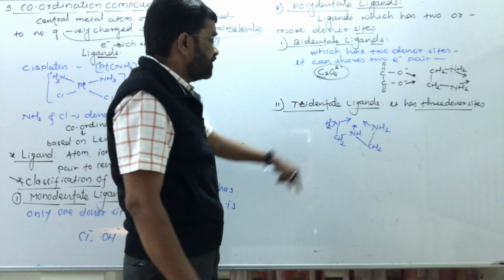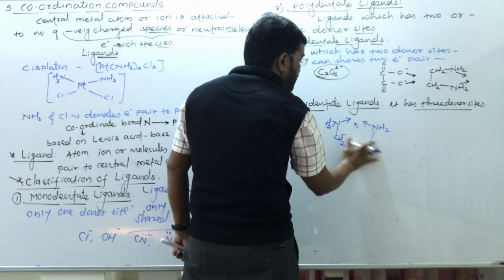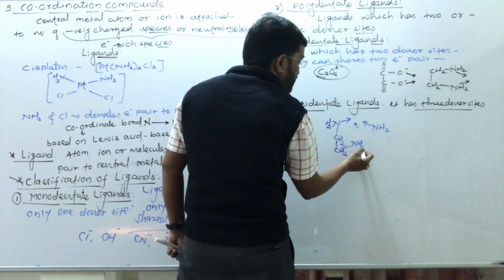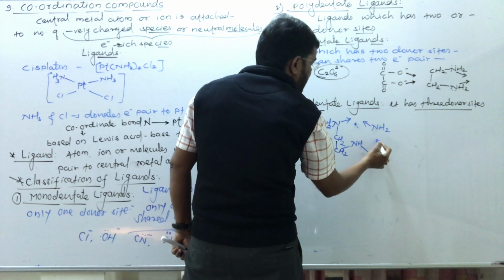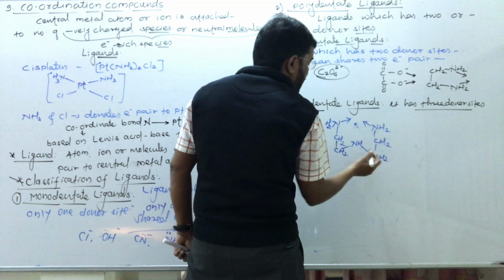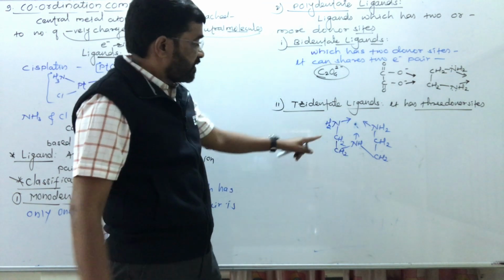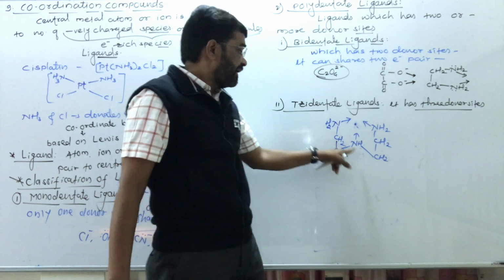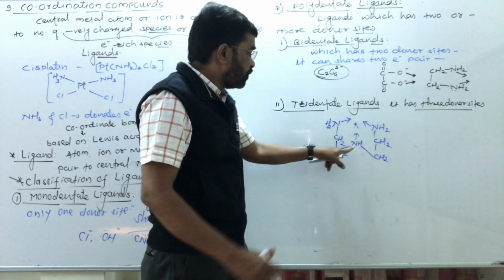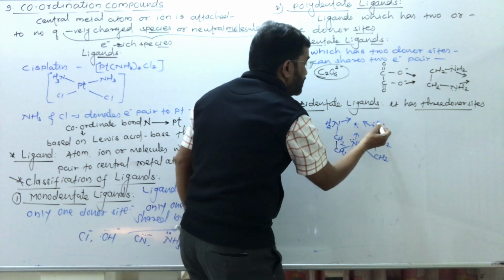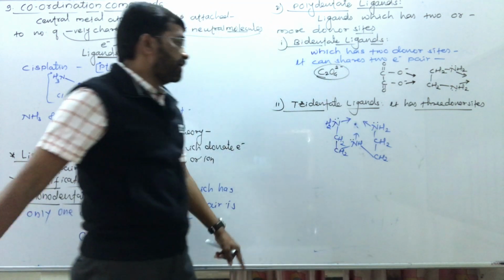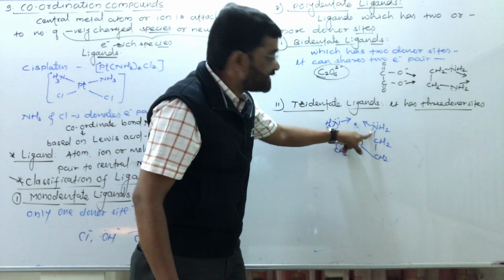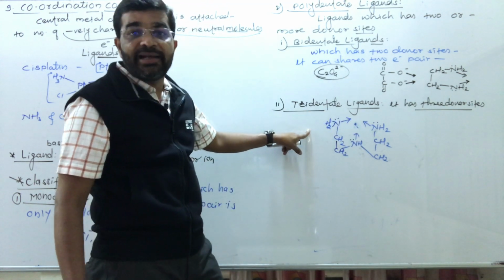Its name is diethylene triamine, and it can share one lone pair, second lone pair and third lone pair. So it can donate three lone pairs of electrons, or it has three donor sites, therefore it is tridentate.